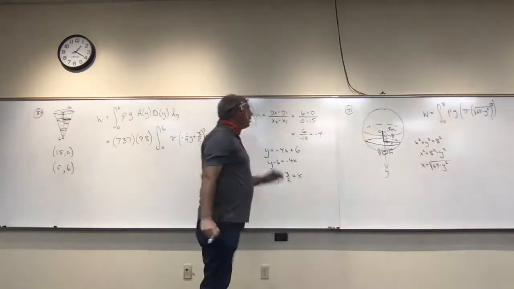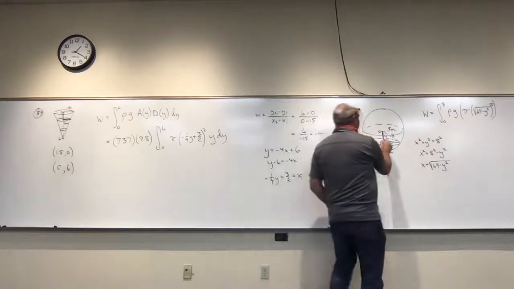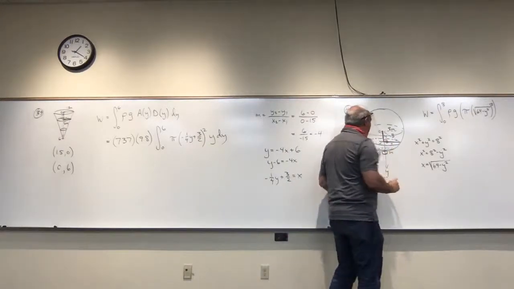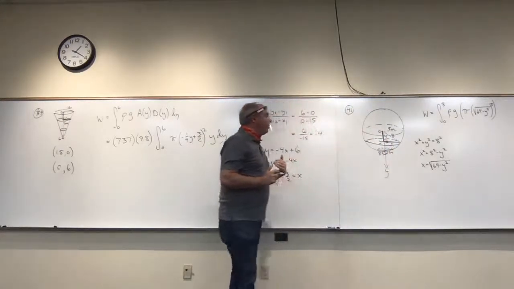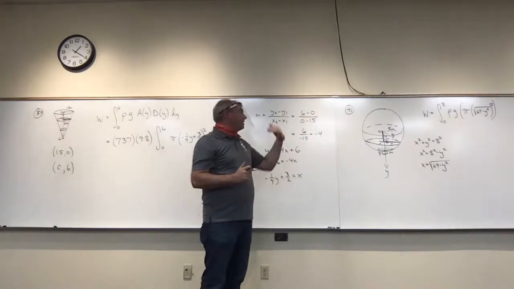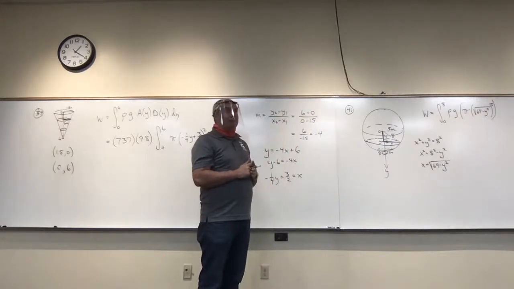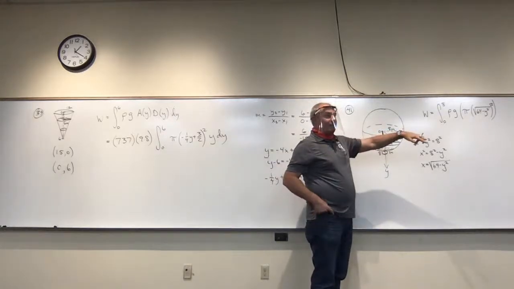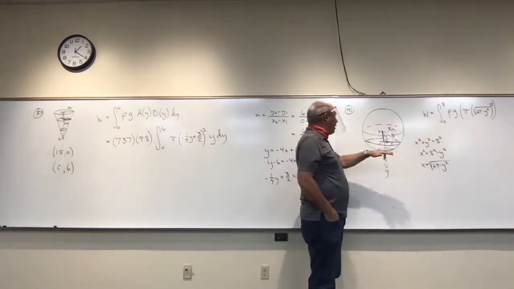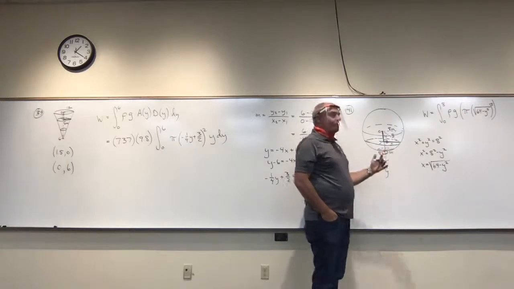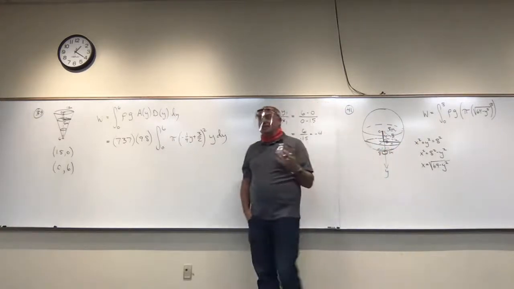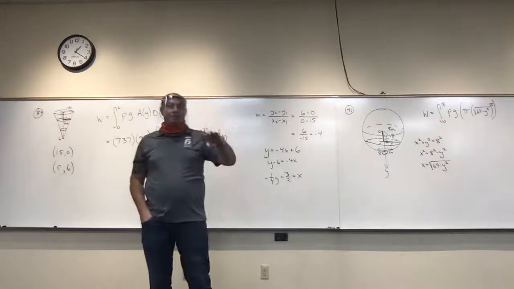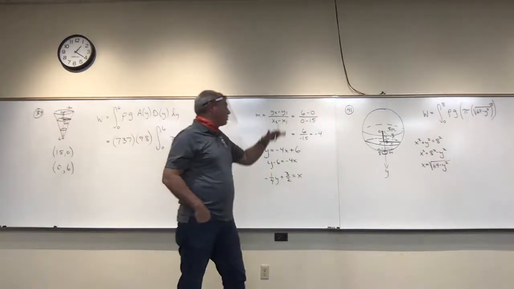And then I say, okay, I'm sitting down here at y. How far did I have to pump water to get it to y? And we're not pumping from y out of the tank anymore, right? We're pumping water from what number to y? 10, right? It starts at 10 and it has to get to y.